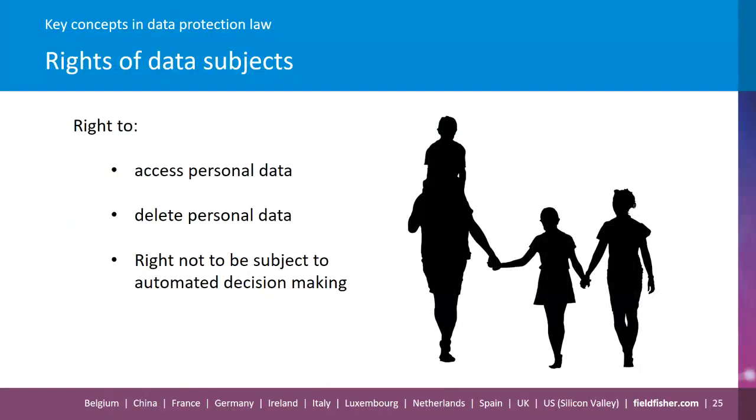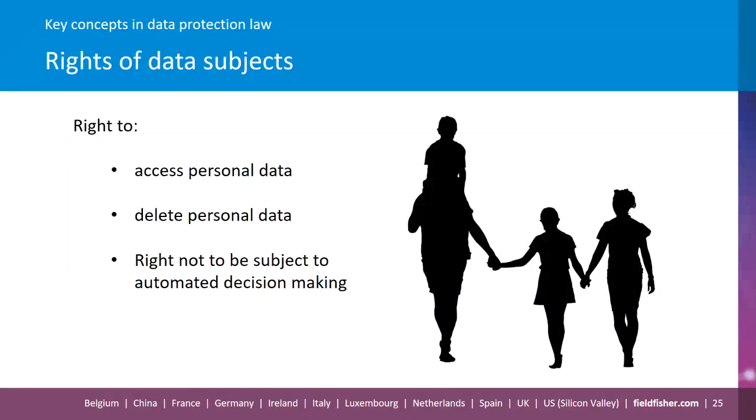So the first is the right to access personal data. And this is really important because there's a perception, a correct perception, that if you're able to access your data, you'll be able to enforce other rights.